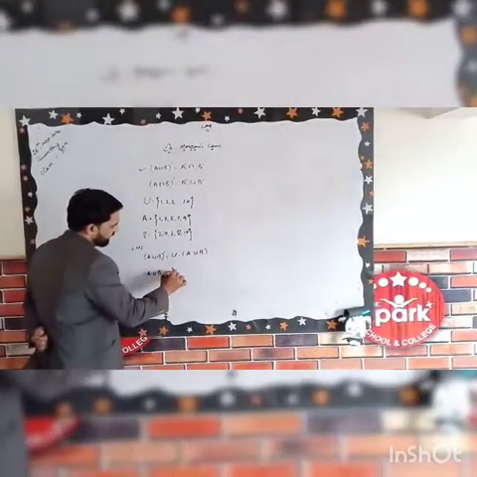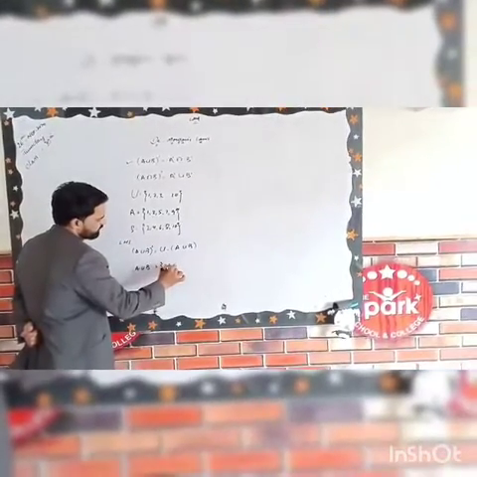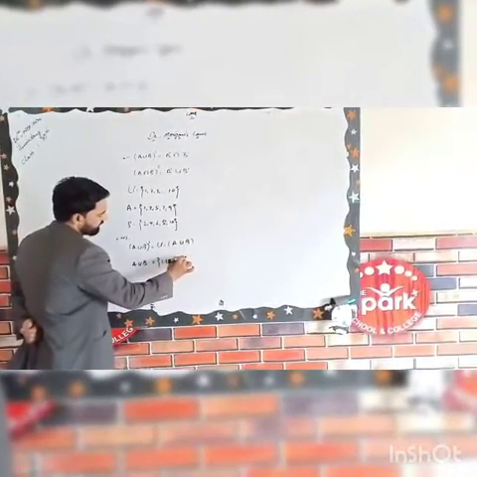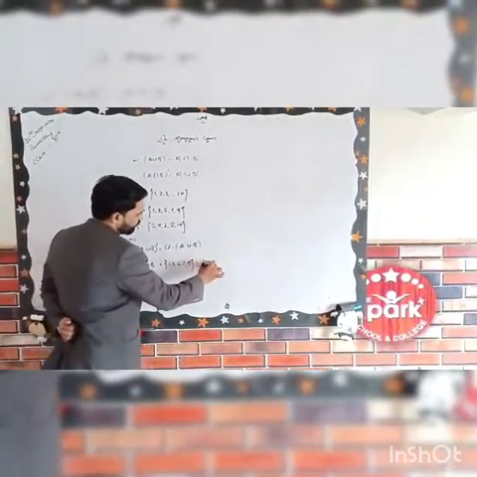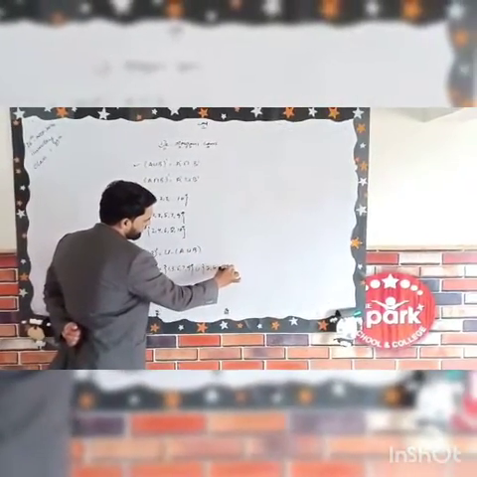Elements of set A are 1, 3, 5, 7 and 9. Union, elements of set B are 2, 4, 6, 8 and 10.